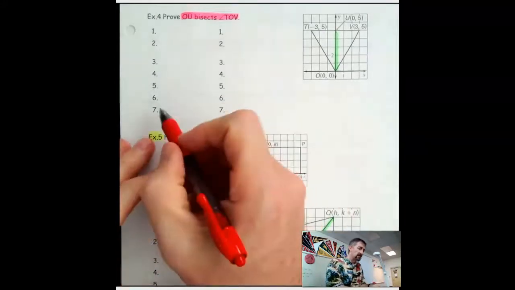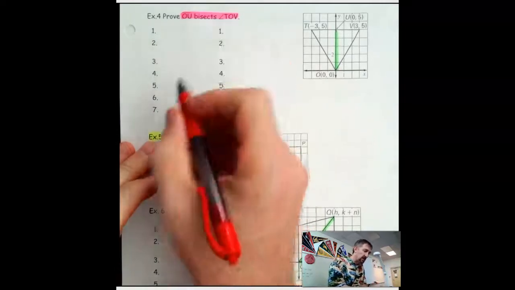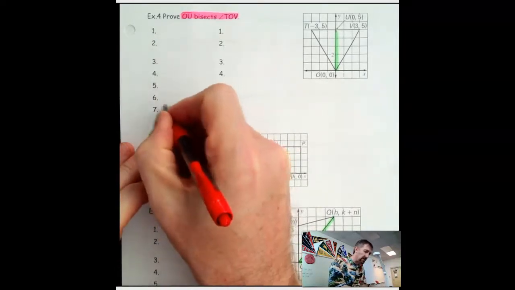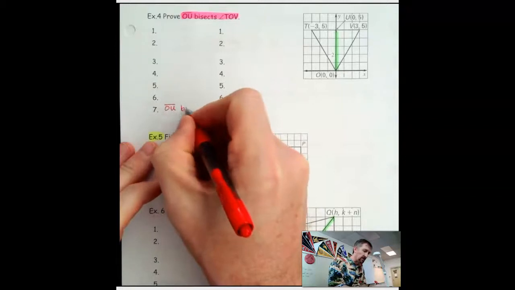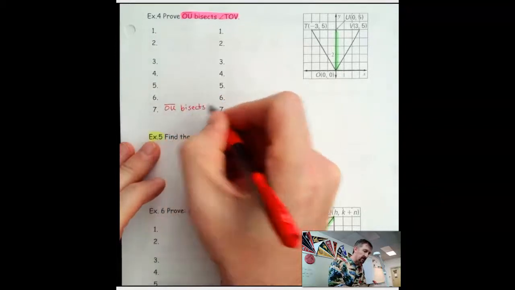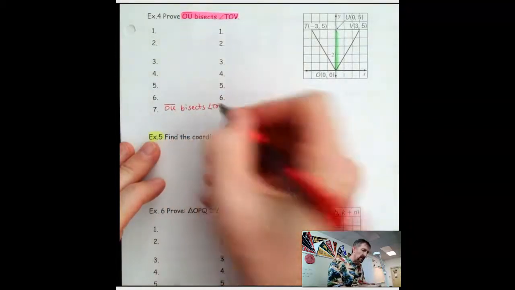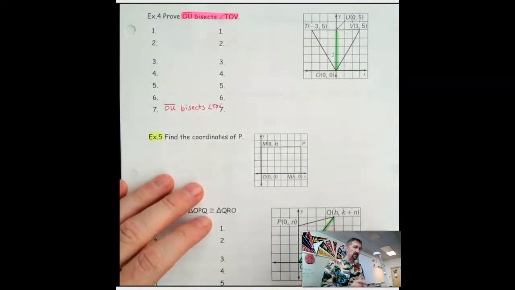The easiest step to take on this question is to remember, hopefully, from all the proofs we've done, that the last statement is what we're trying to prove. So segment OU bisects angle TOV. Hopefully that was a free statement for everybody.